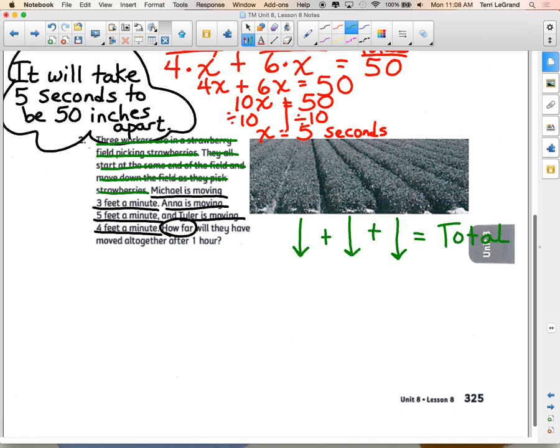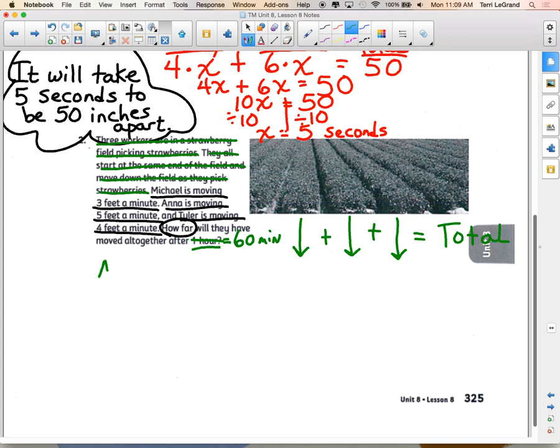Yeah, we have to be talking in the same terms here, so we have to take that 1 hour and say that equals 60 minutes. That's important. It's kind of like we're crossing out that 1 hour and making it 60 minutes because the rate was given in minutes, feet per minute.